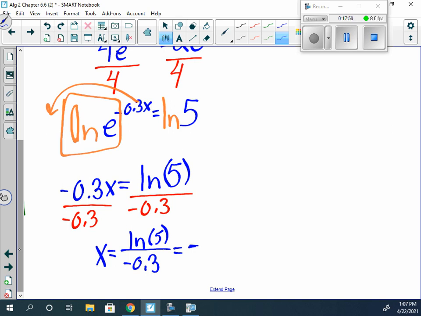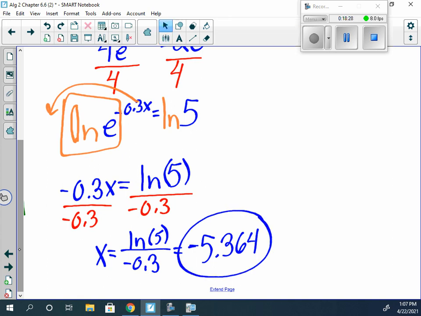So if we're using natural logs, it's just going to be ln of 5. What did you get? And that's it. That's all we have to do for these here.